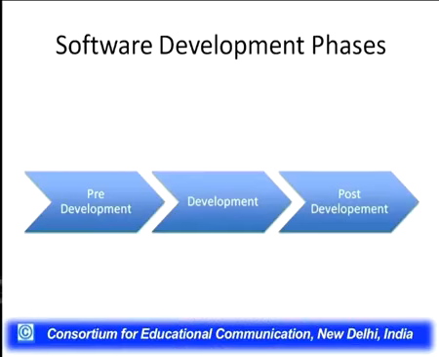If you see here, the software development phases are categorized as pre-development, development, and post-development phases. In the pre-development phases we classify requirements and designing. The development phase is basically the coding phase, where the proper code or program logic is written, and the post-development phases are testing, validation, and also maintenance.